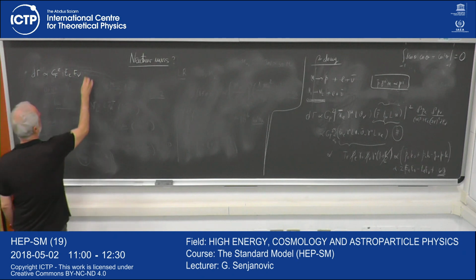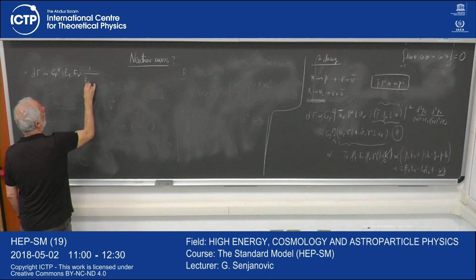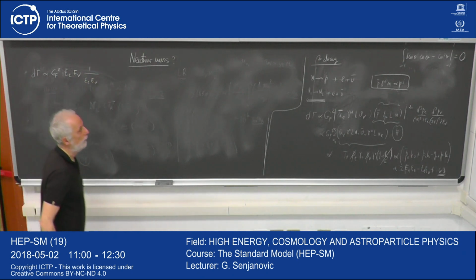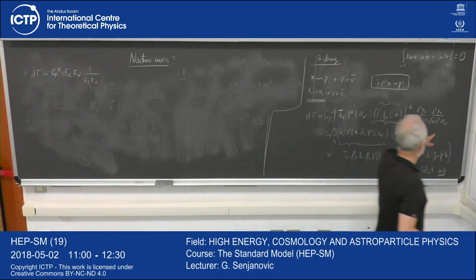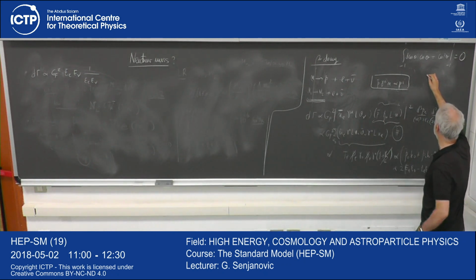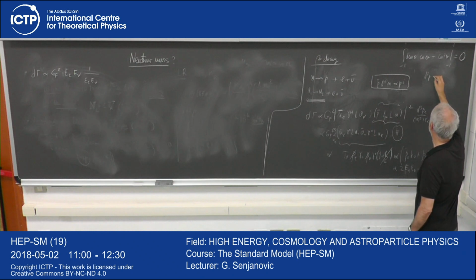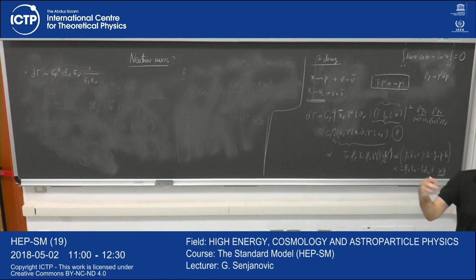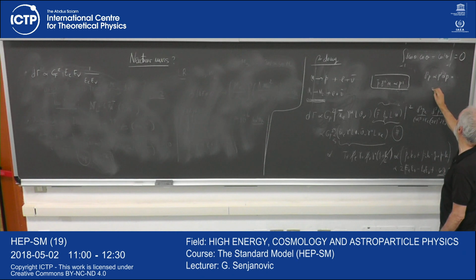Then there was in the denominator E nu from here. And then we have d3P, which is proportional to P squared dP. I'm going to integrate. I'm just interested in the total decay rate, the energy dependence. Okay. And this is P times P dP.